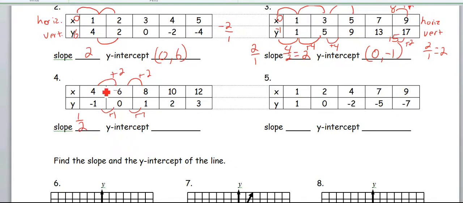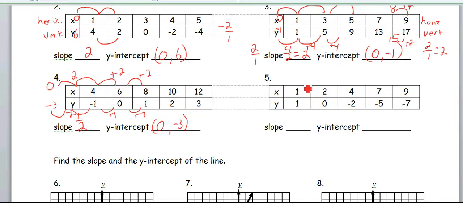So that means that if I go back 2 this way, that would take me to 2. I would go back 1 this way, that would be negative 2. Then I would go back 2 this way, and that would take me to 0. Then I would go back 1 from negative 2, and that would give me negative 3. So my y-intercept would be 0, negative 3.